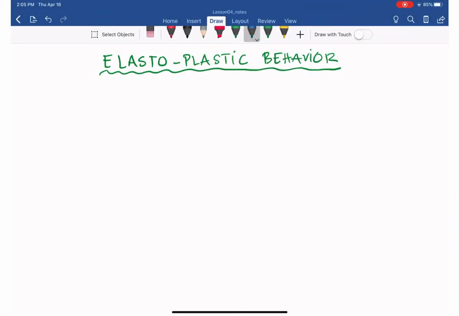Basically, we are modeling the performance of the material.